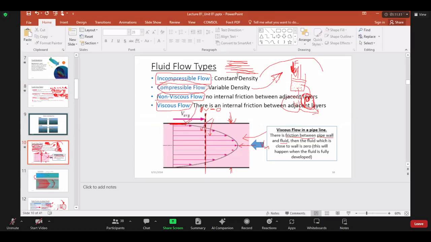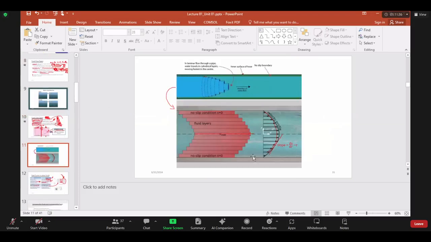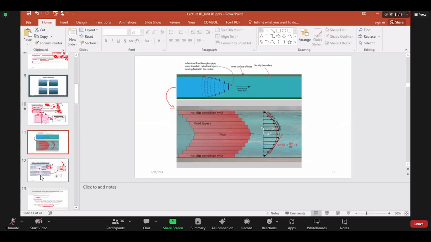Incompressible means constant density and volume. Compressible means variable density and volume. And also non-viscous flow, viscous flow, and how to draw a velocity profile. You need to remember the laminar velocity profile and the turbulent one. How can we draw these things?